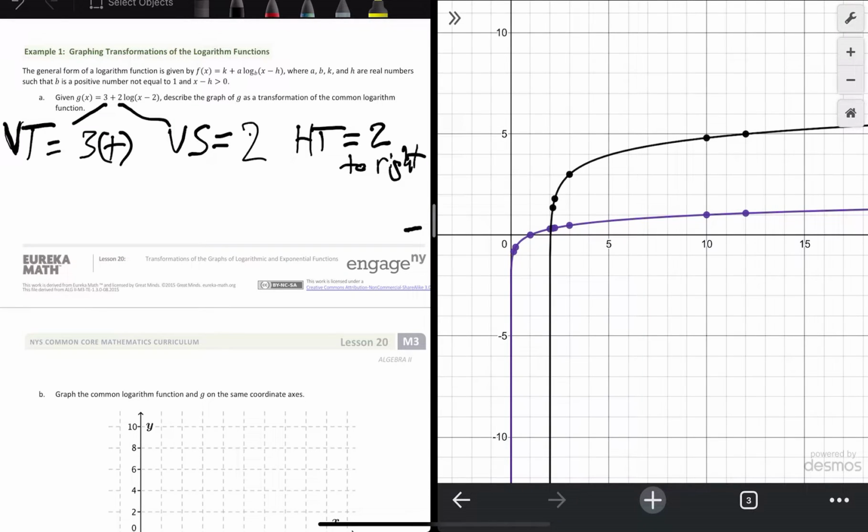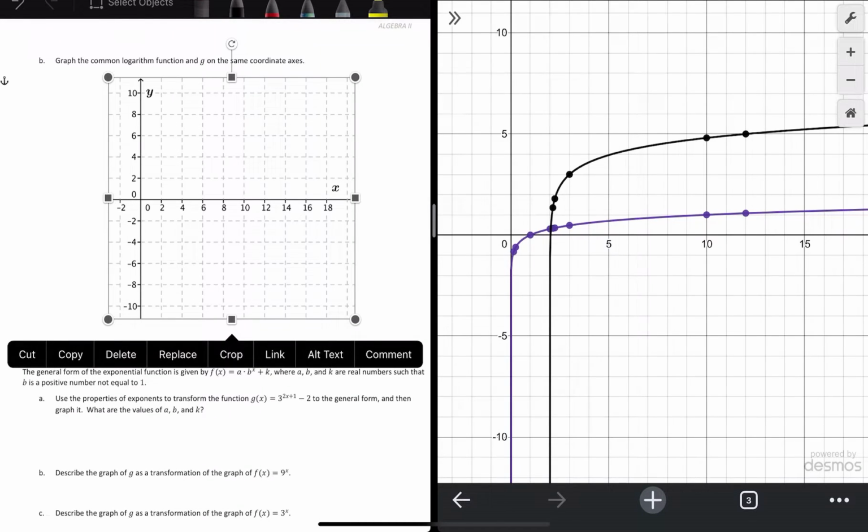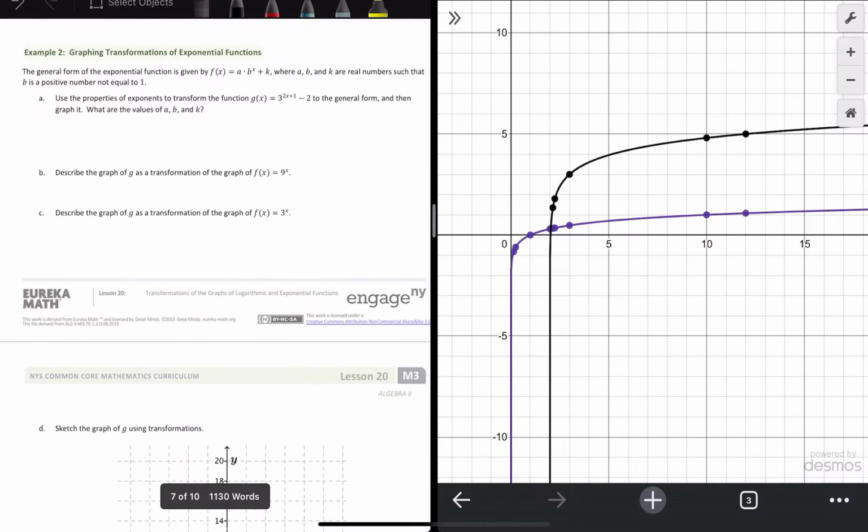Let's keep going. We're not going to graph it because there it is on the right. So let's go to example 2.